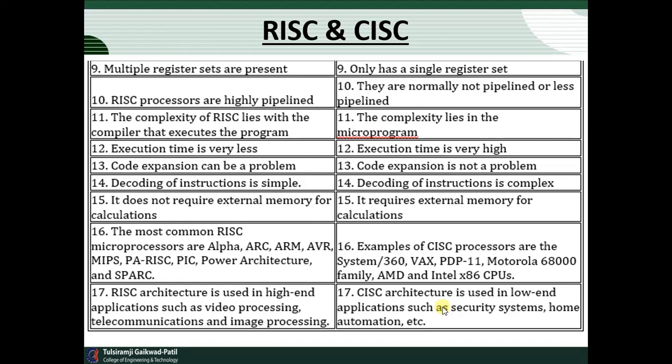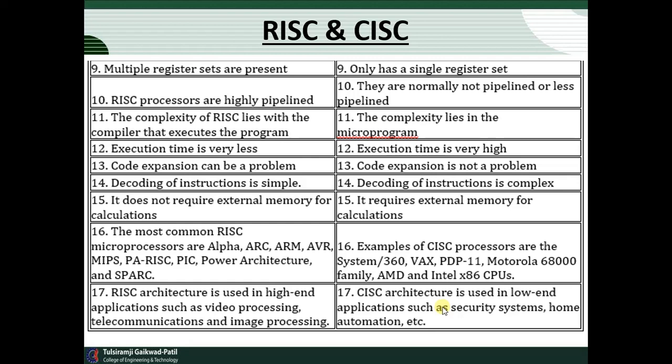That's why the execution time is very less, whereas CISC requires a very high execution time compared to RISC. Now, the next point: code expansion can be a problem. In RISC, code expansion is problematic, while in CISC code expansion is not problematic.